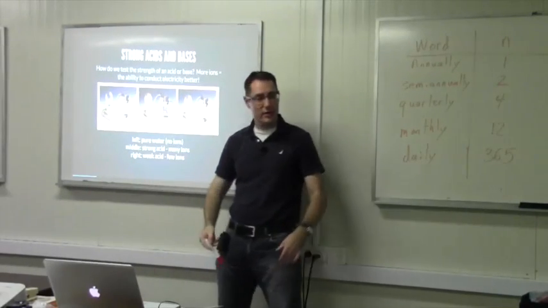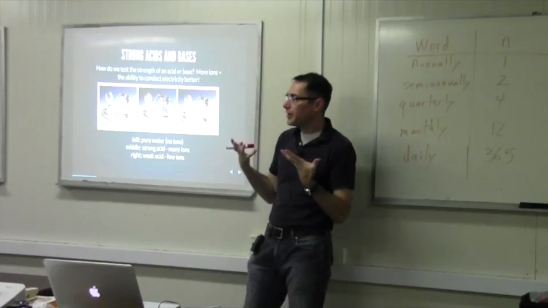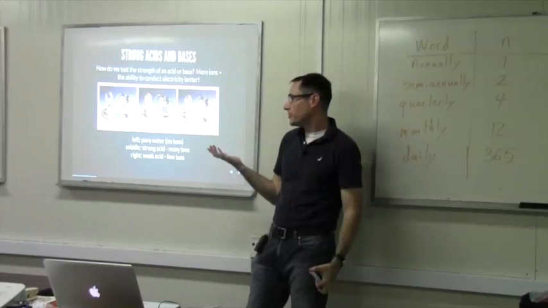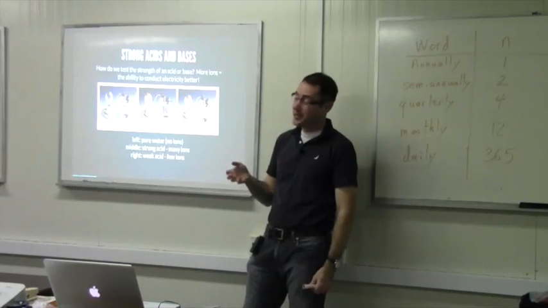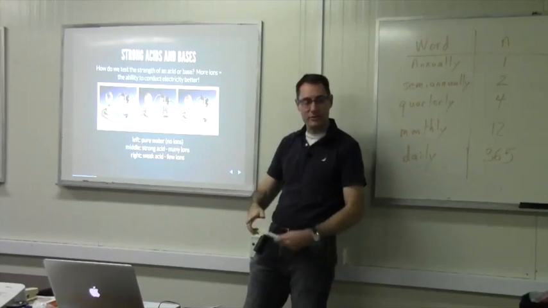Because plain old pure water, contrary to what people think, does not conduct electricity very well. There's no way for the electrons to flow through the water to make that current, because there are no ions, and the ions are the ones that are charged.